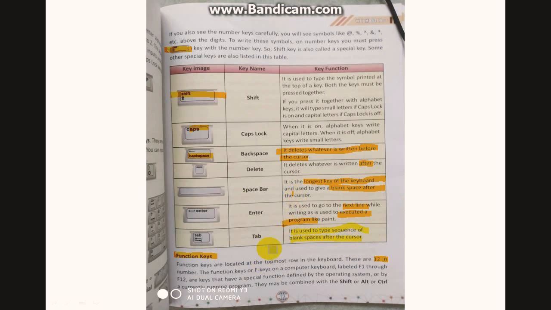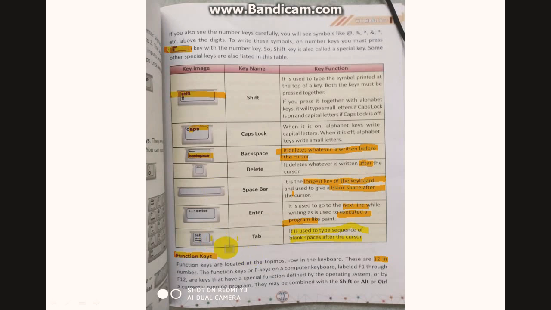But if you have to give multiple gaps, 3 or 4 gaps, then you press the tab key once, so it will give 3 or 4 gaps together at one time. But if you press the spacebar key, you have to press 3 or 4 times. With the help of the tab key, you press one time. In one go, the cursor will shift from here to here.